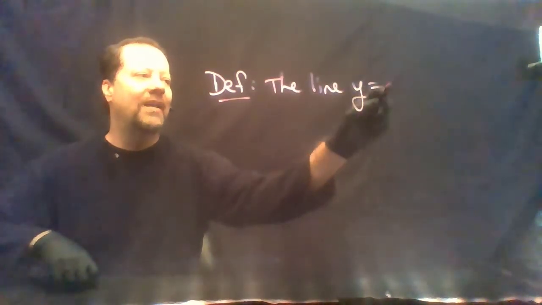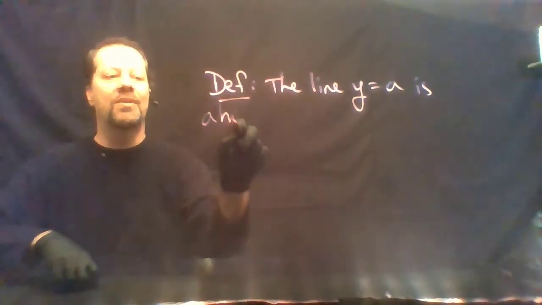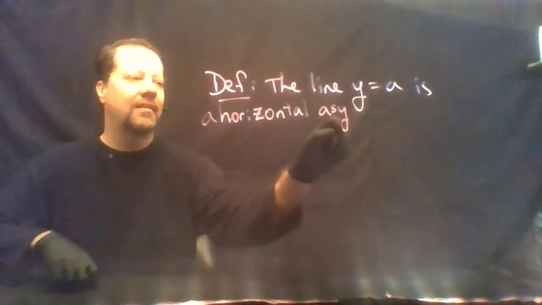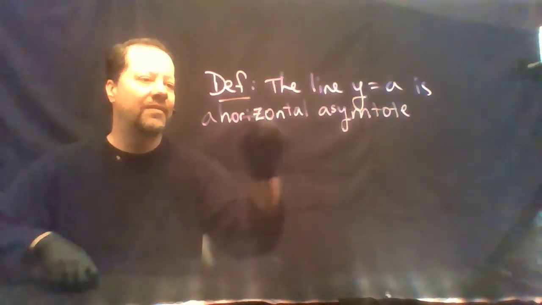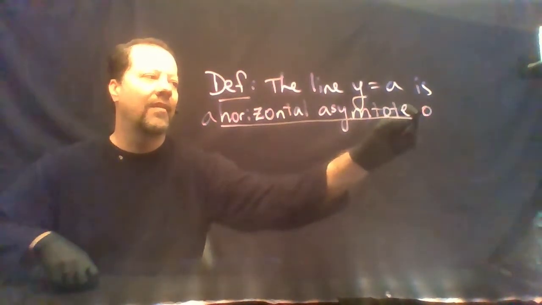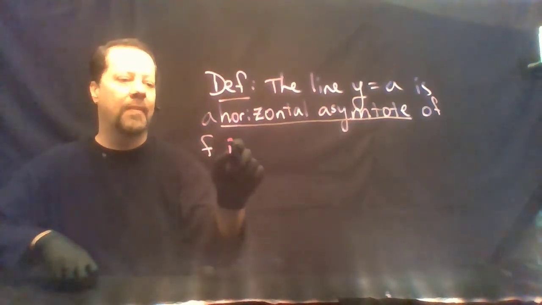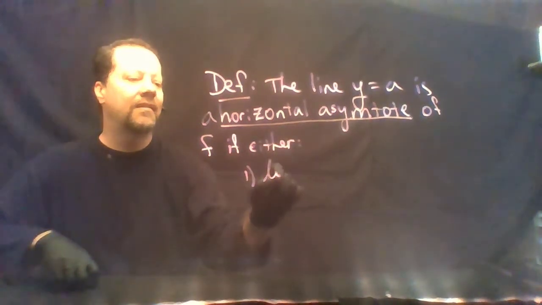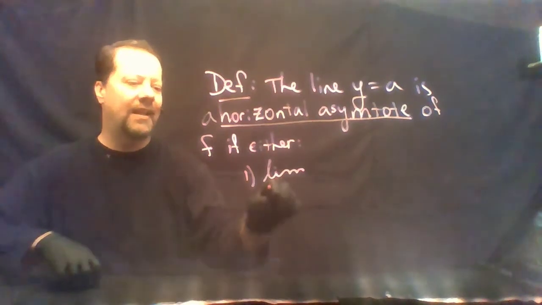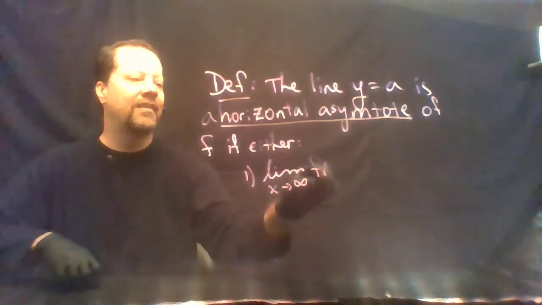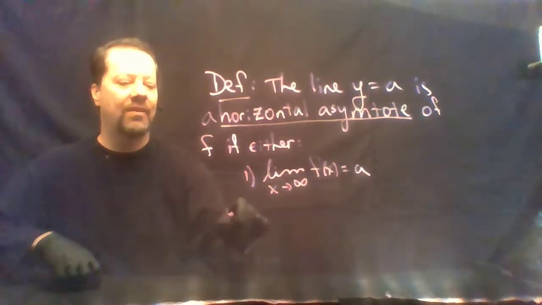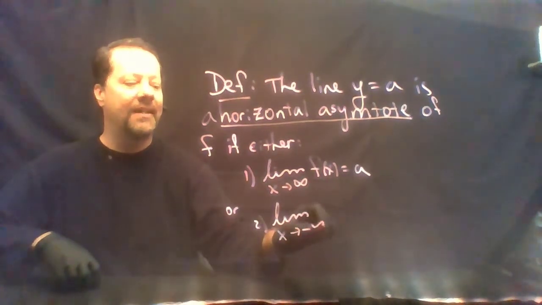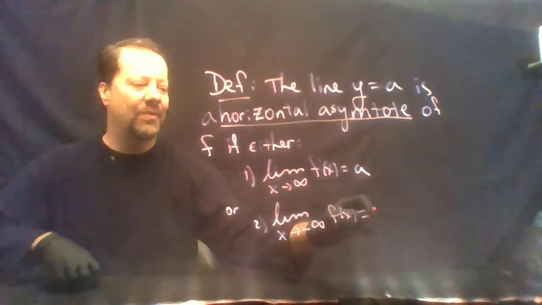The line y equals a is a horizontal asymptote of the function f if either 1, the limit as x goes to infinity of f of x equals a, or 2, the limit as x goes to minus infinity of f of x equals a.